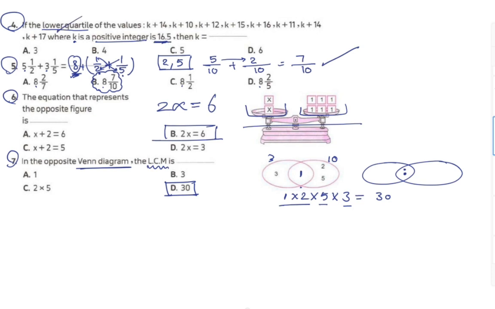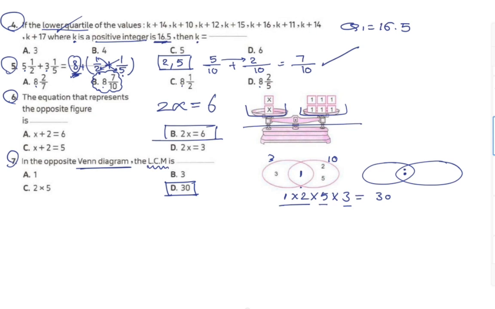That's the lower quartile. So I know that the lower quartile is Q1, so Q1 equals 16.5. I need to find the value of k.